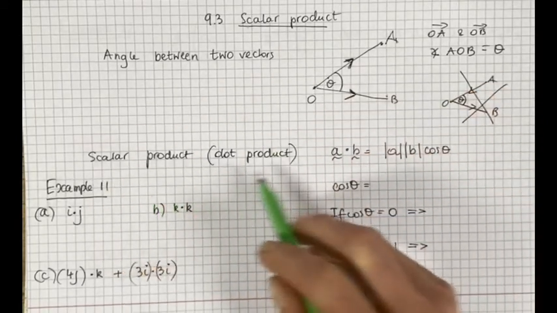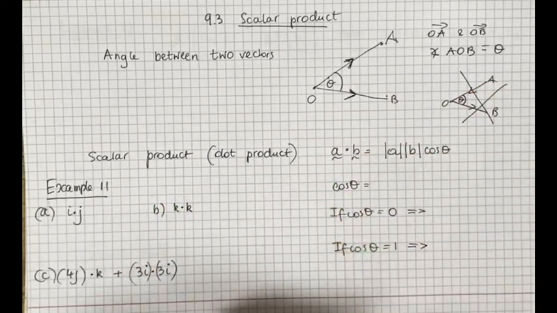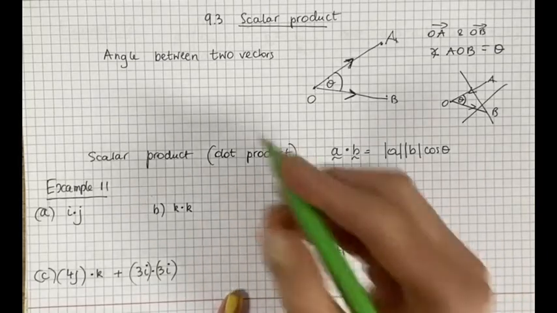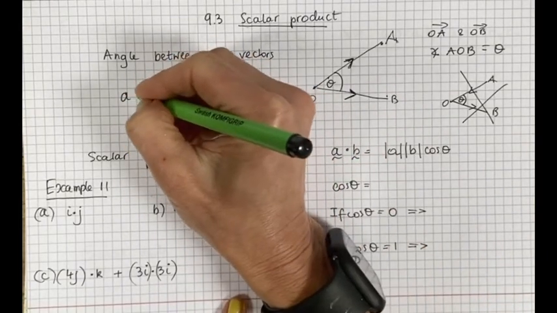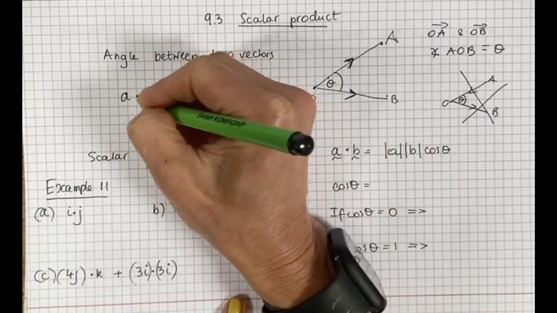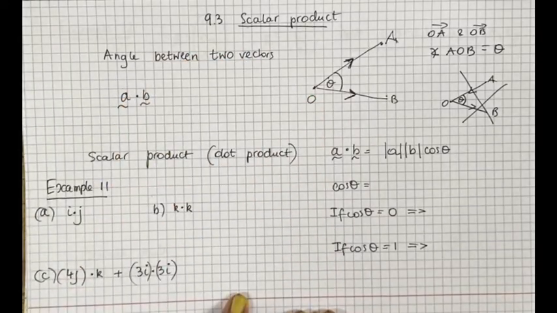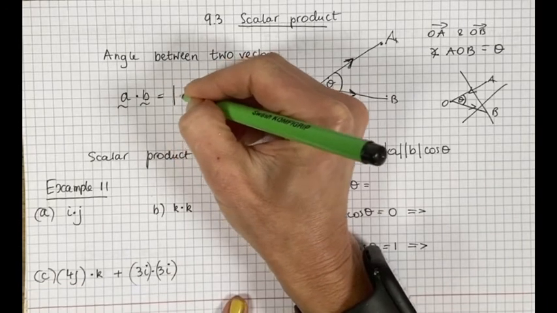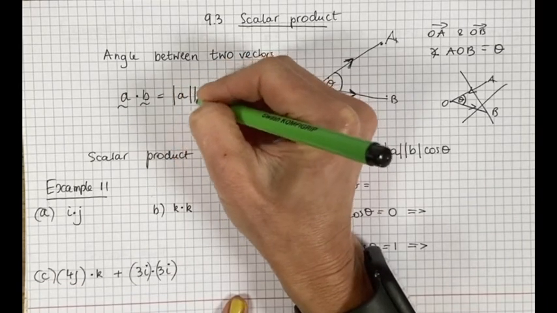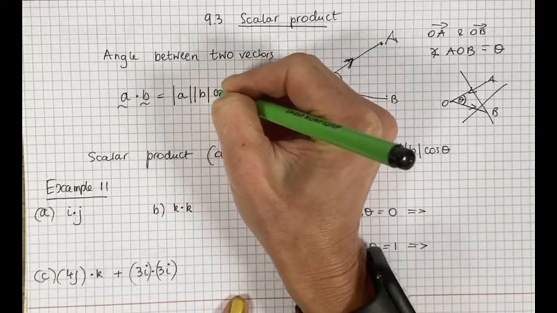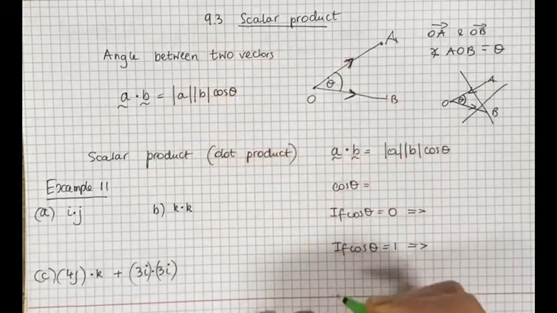Now, here's the definition of a scalar product. The scalar product of two vectors, we write as A dot B. We call it A dot B as well. It's called a scalar product. It's simply the lengths of both vectors multiplied together and times by cos of the angle between them.